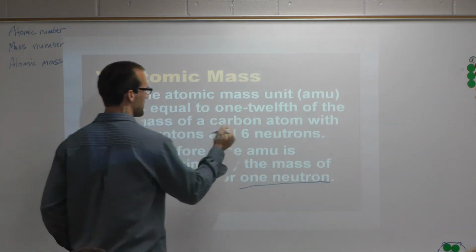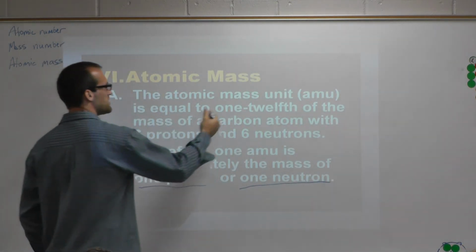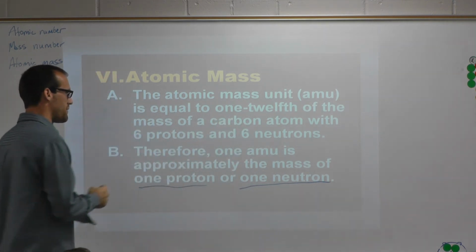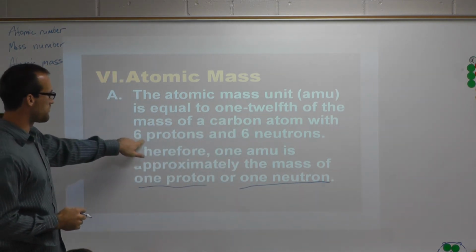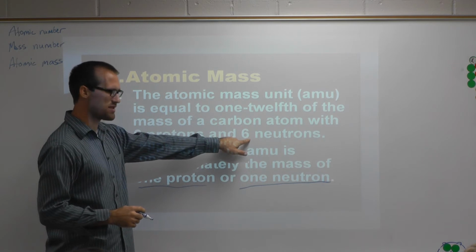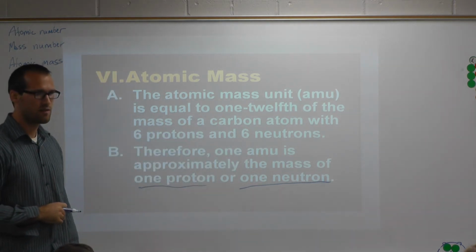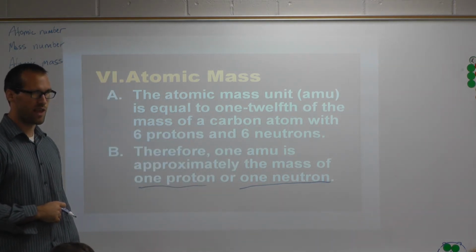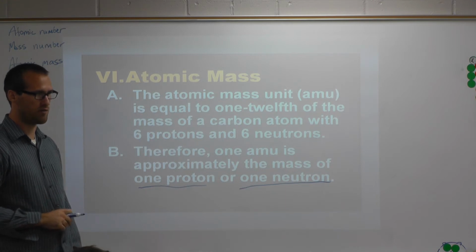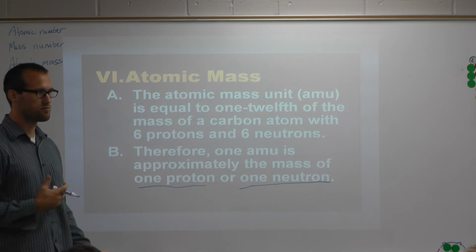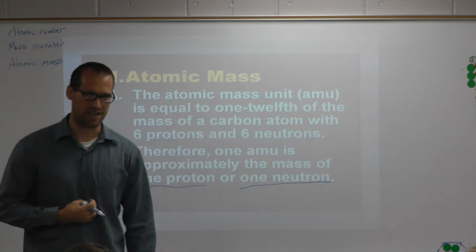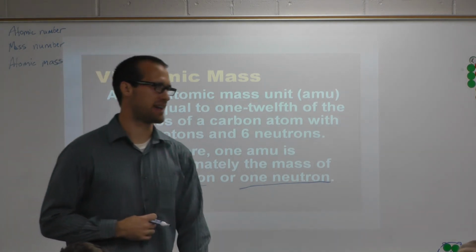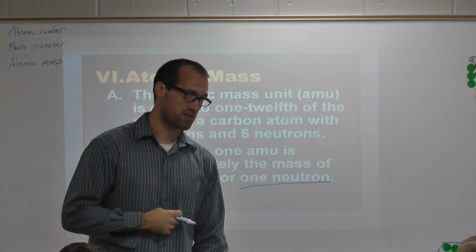The atomic mass unit, or AMU, is equal to 1/12 of a carbon atom that has 6 protons and 6 neutrons. So what's the mass number of that then? 12. So if they define it as 1/12 of a 12 mass number, really, the definition of an atomic mass unit is just the mass of 1 proton or the mass of 1 neutron.